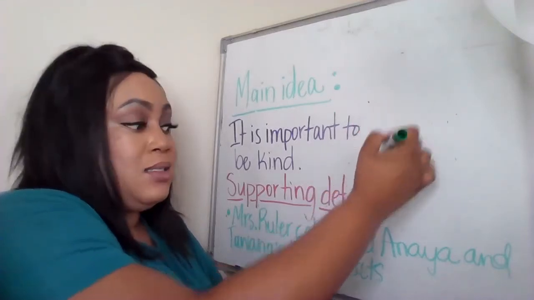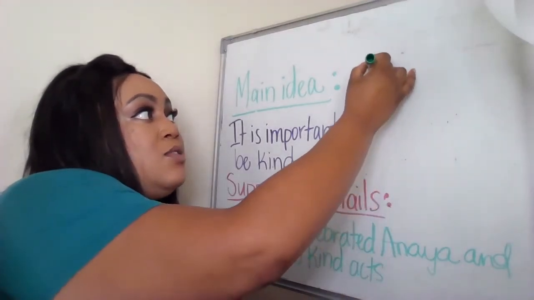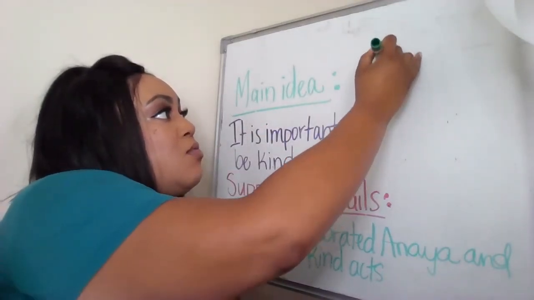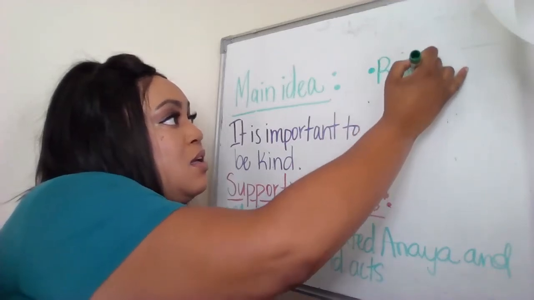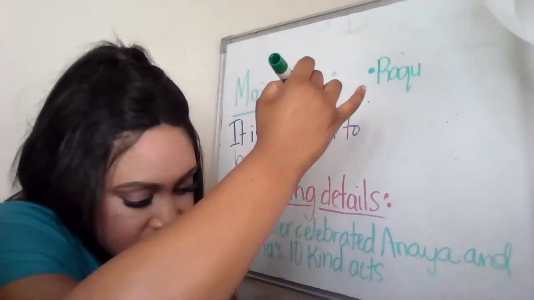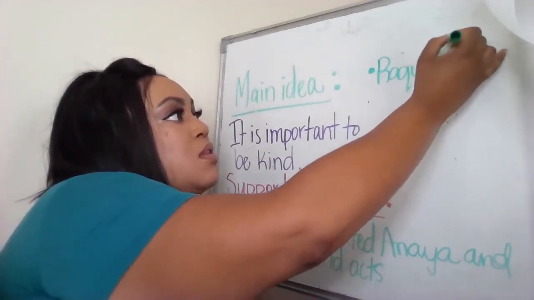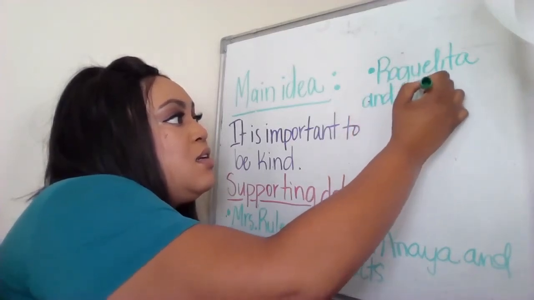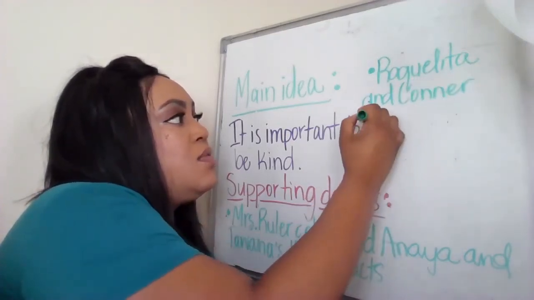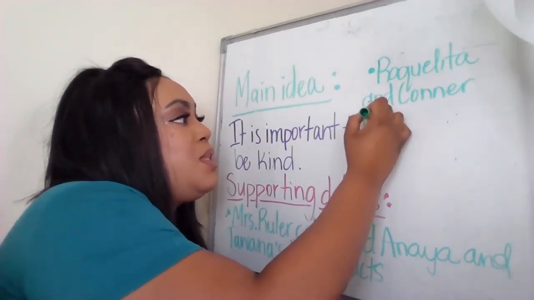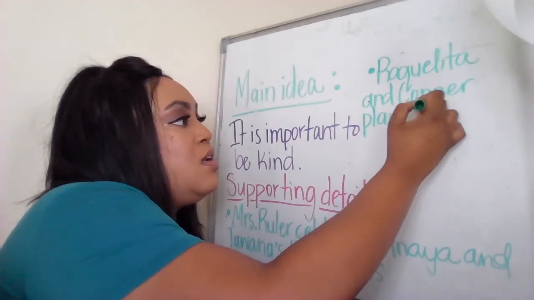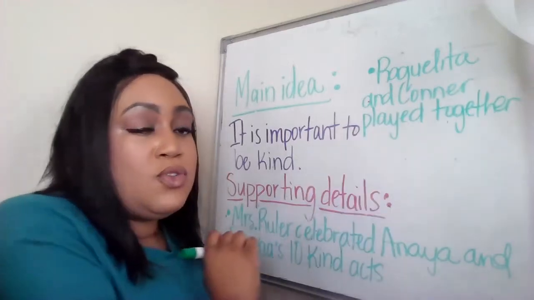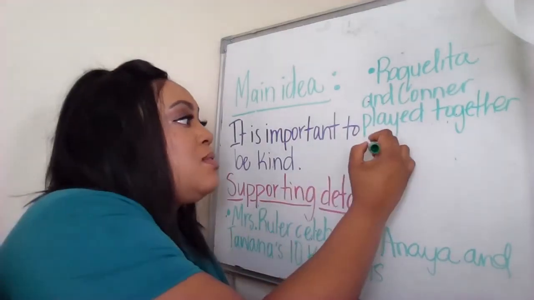I'm going to come up here with my list since I'm running out of space down here. Another supporting detail would be that Roccoletta and Connor played together just so they could do kind acts.